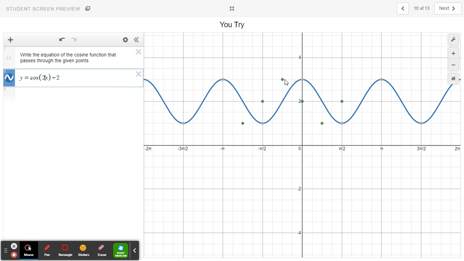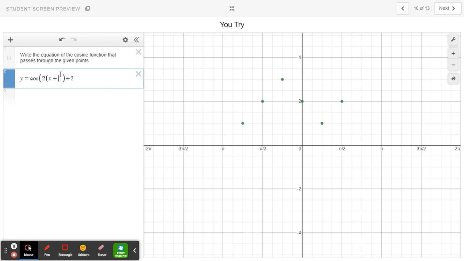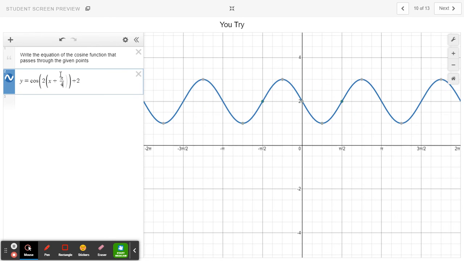And now it looks like I'm going to the left, pi fourths, so I want to go plus pi fourths. And now we're dialed in. So much easier when we took care of the b. That's a good thing to take note of: you want to figure out your period and then your shift.